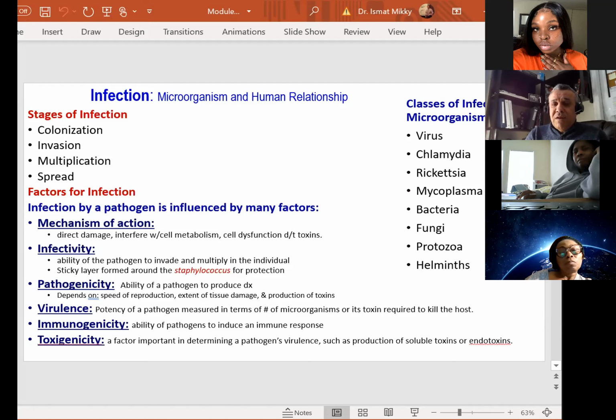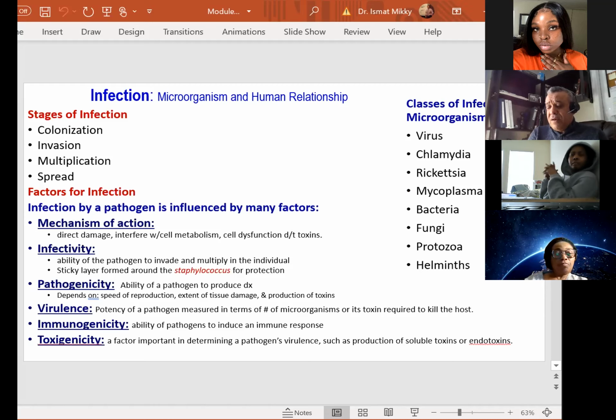After May of last year, it's not as strong as it was before May. The severity of the signs and symptoms, the intensity of the manifestations of the disease, and the life-threatening manifestations are not quite the same as before May of last year. That's an example of virulence, which is the potency of the pathogen measured in terms of the number of microorganisms or its toxins needed to kill the host.